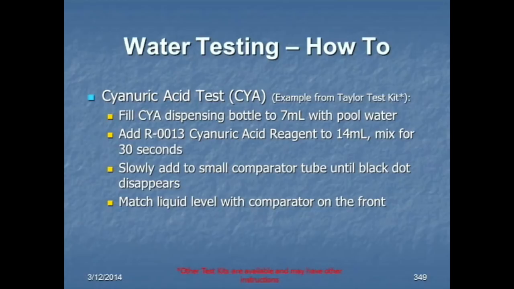Once that's been shaken up, you then slowly add it into your slide comparator. The smaller of the 2 tubes has a black dot in the bottom of it. Adding it dropwise, you keep pouring it in until you can no longer see that black dot. Then, holding the slide comparator up, whatever level is in that sample tells you what the cyanuric acid level is in that test sample.